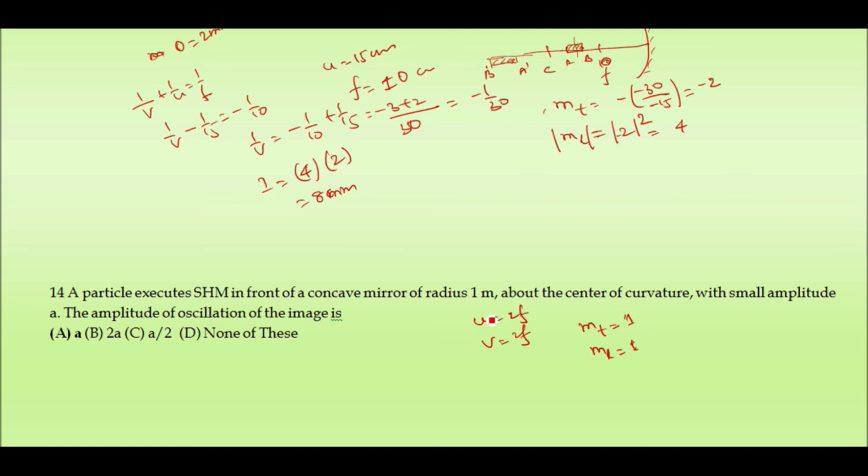So the amplitude of oscillation of image will be equal to the amplitude of oscillation of object, and the amplitude of oscillation of object is A, so the amplitude of oscillation of image will also be A. So option A is correct.